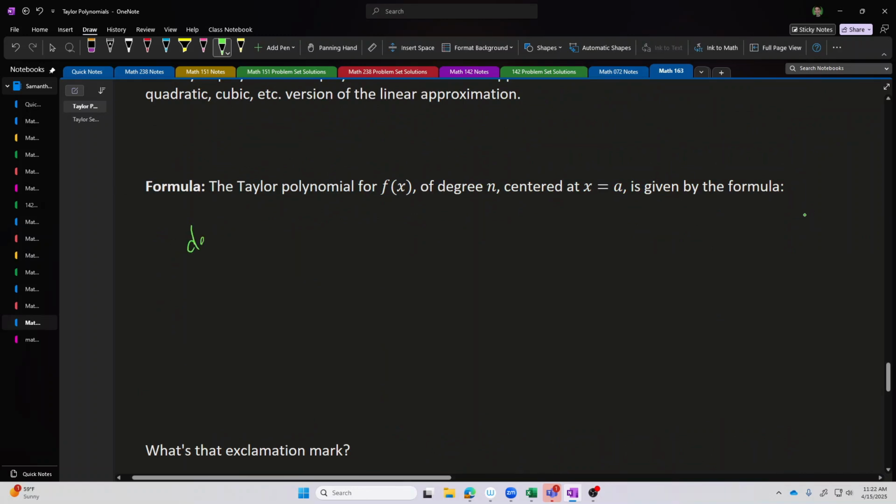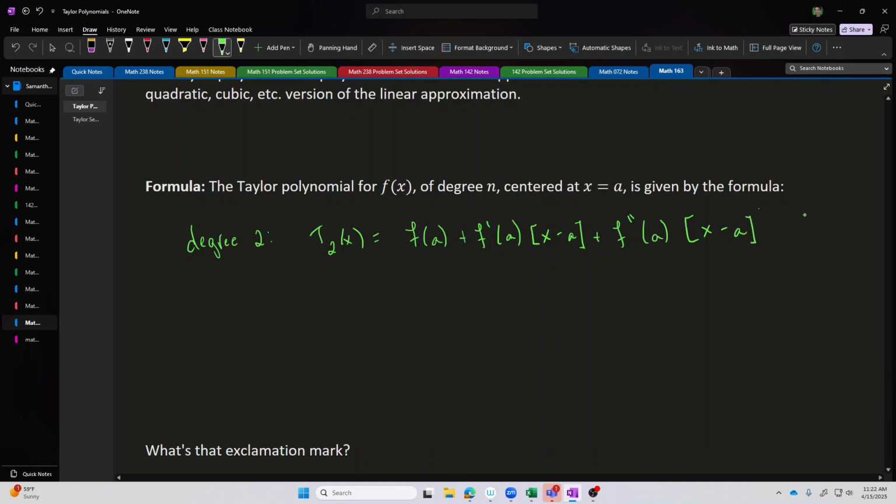If you want to approximate using a quadratic, using a polynomial of degree 2, the formula for that is take the output of your original function and then take the output of the first derivative times one copy of x minus a, and then the output of the second derivative times x minus a to the second power, and then this one's a little unexpected, divided by 2.